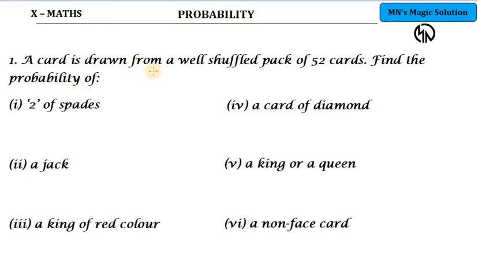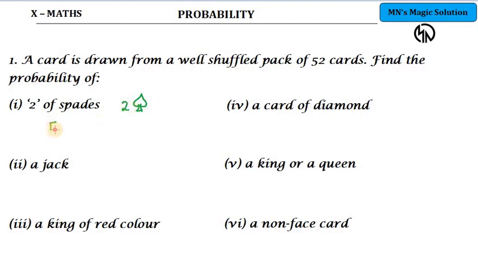A card is drawn from a well-shuffled pack of 52 cards. Find the probability of, first question, 2 of spades. So the question is about 2 of spades. How many such cards will be there? In spade, there are totally 13 cards, out of which you have only one 2.